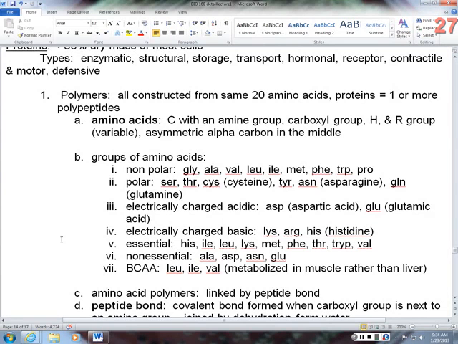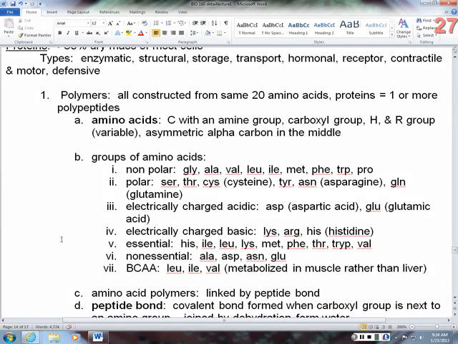So you've got serine, threonine, cysteine, tyrosine, asparagine, and glutamine that are polar. Some of them are electrically charged and acidic, aspartic acid and glutamic acid. Some of them are electrically charged and basic, so lysine, arginine, and histidine.